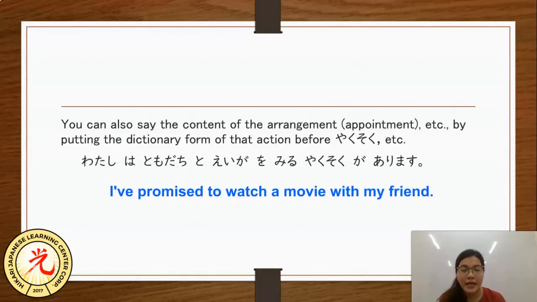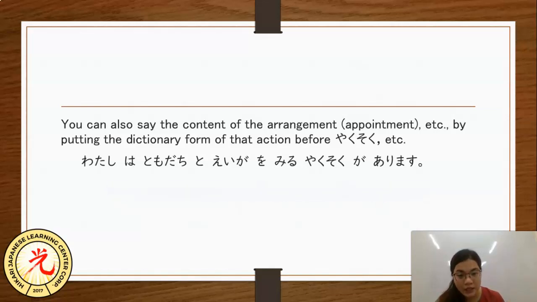So, that means that I have a promise to watch a movie with my friend. Okay? So, yung verb natin dito is watch movie or miru, mimasu. So, ginawa natin siyang miru, then you add yakusoku, which is the promise. Okay? Na yung action na promise mong gawin.